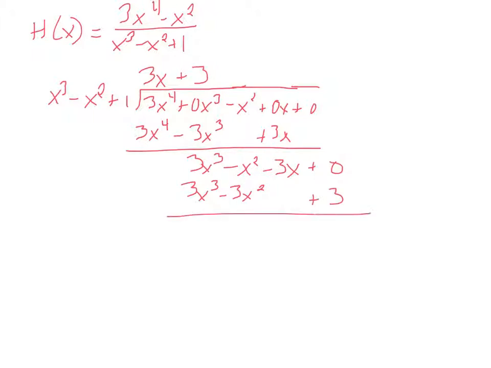If we subtract, we get the negative x squared minus negative 3x squared. We're essentially adding 3x squared to negative x squared, so we get 2x squared, drop down the negative 3x, and then the plus 3.